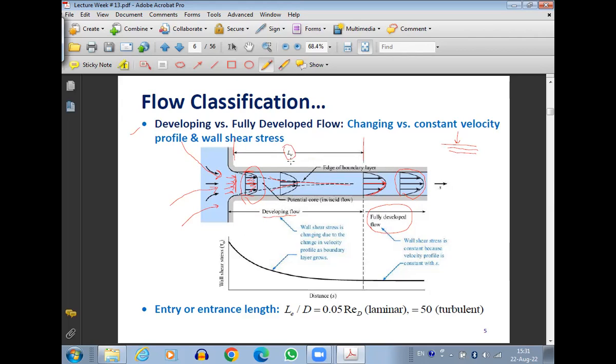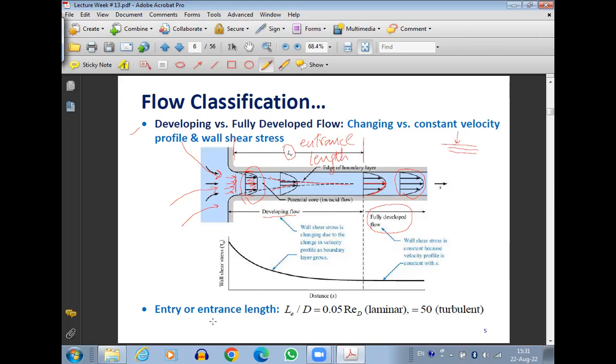We call it, sorry, not LC but LE, the entrance length. The entrance length is there in the developing region, and once the entrance length has been passed, then it is the fully developed flow.